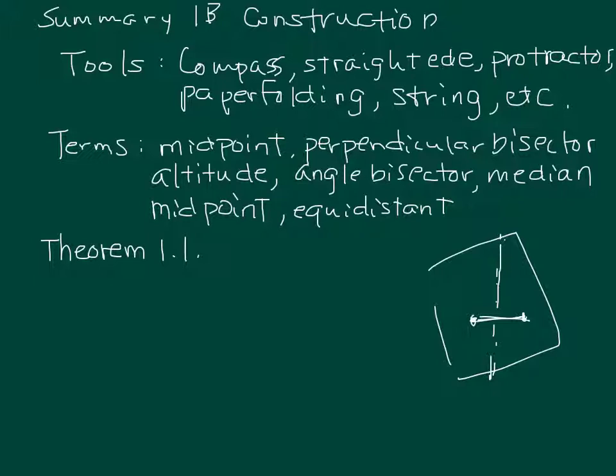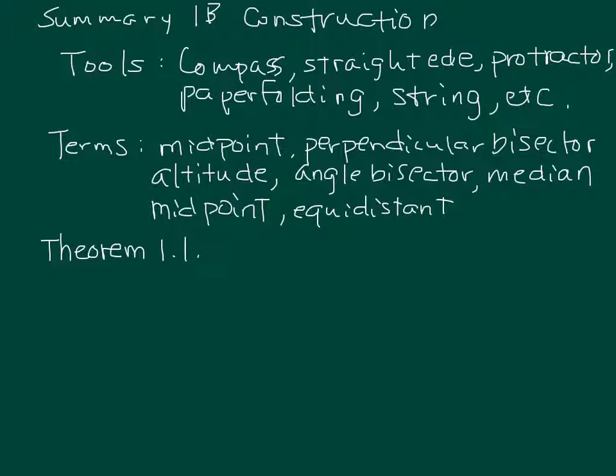And also, if you have some kind of shape and you fold it in half, and one side matches and fits on top of the other completely, that's going to be a symmetry. And the folding line will be the line of symmetry.